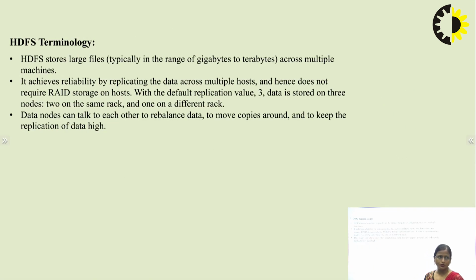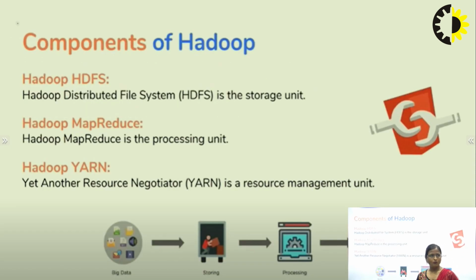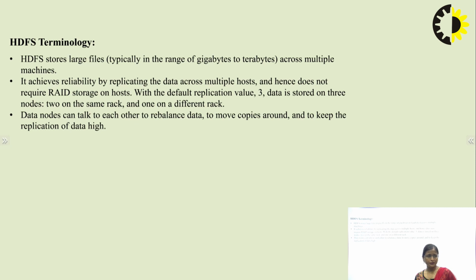HDFS terminology. Here are the components of HDFS. HDFS stores large files across multiple machines. It achieves reliability by replicating the data across multiple hosts and hence does not require RAID storage on hosts, with the default replication value 3.